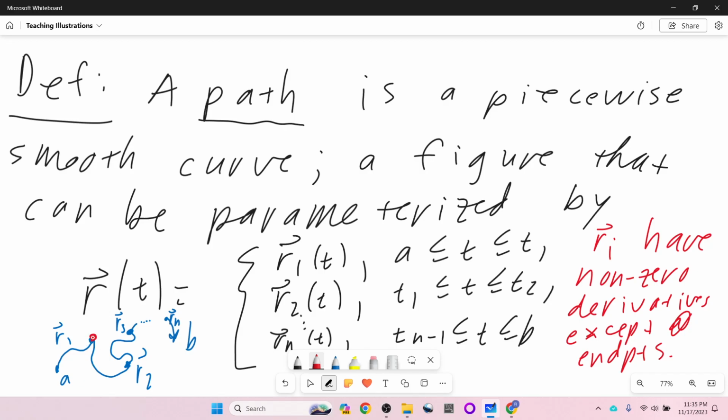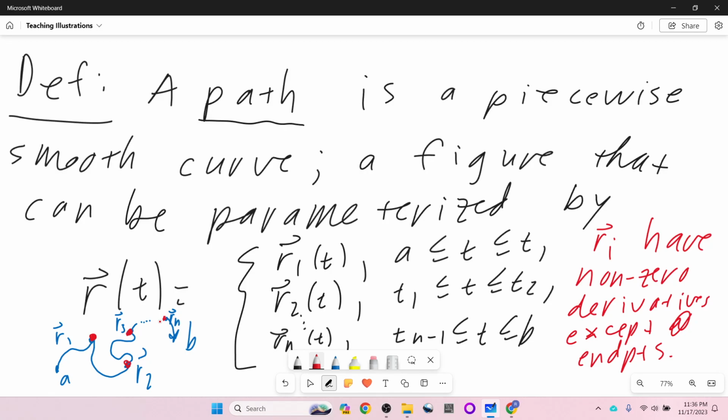Since there's a sharp corner where we switch from one parameterization to the next, the derivative may have to be zero there, but we don't really worry about that because there's only a finite number of them, and so we could just do them one at a time and add them together when we're doing our integral.